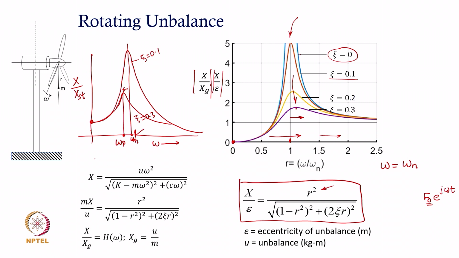So, this peak frequency, do you recall what the expression was for the case of constant amplitude excitation force? If you remember, it is square root of 1 minus 2 zeta square. So, if zeta is 0, this omega p will be at the undamped natural frequency as expected, but as zeta increases it will slightly reduce.